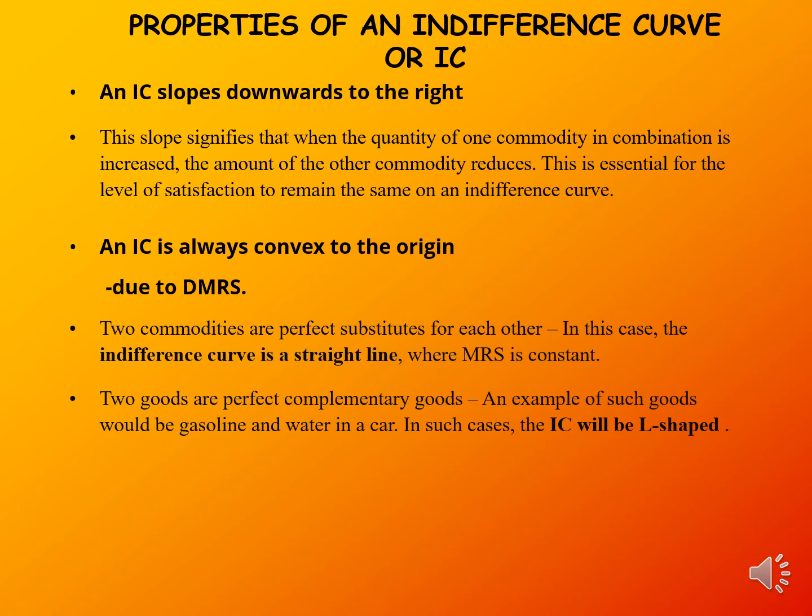If the two commodities taken are perfect substitutes for each other, then the indifference curve will be a straight line. If the two products are perfect complement goods, then the indifference curve will be L-shaped. And for normal goods, like we have seen before, the indifference curve will be a curve in nature, and it will be convex to the origin.